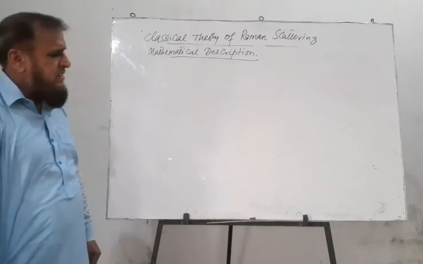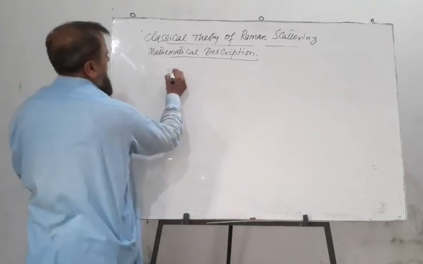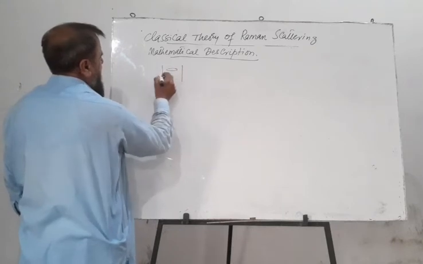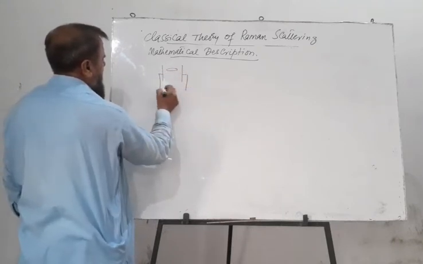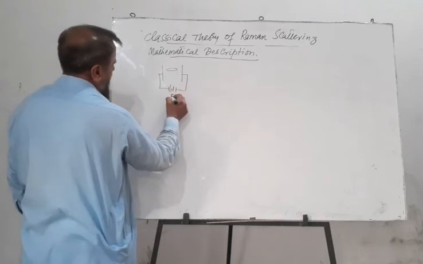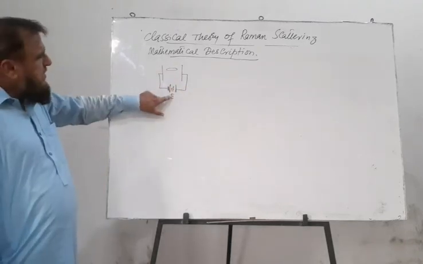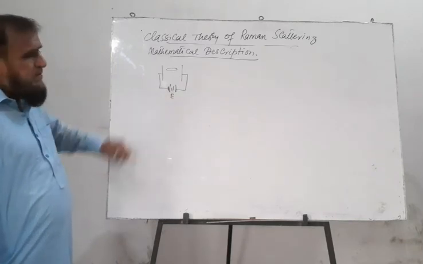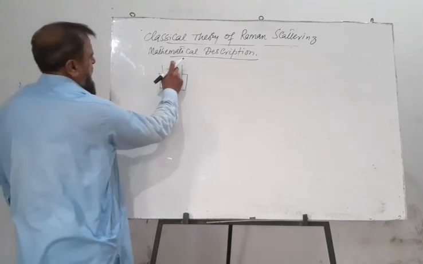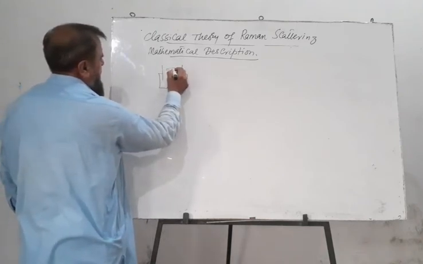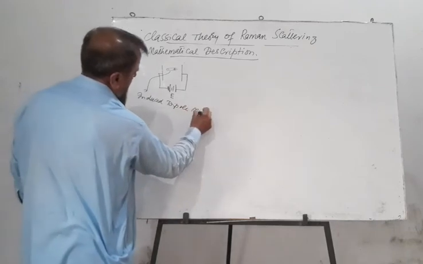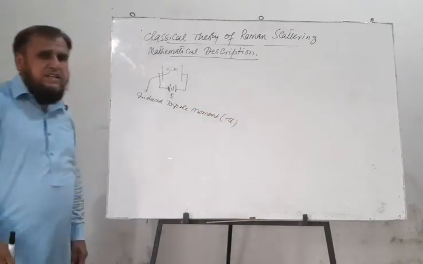We had already discussed that if we have a molecule which may be polar or non-polar, and it is placed in an electric field of strength E, then in this applied electric field, polarity will be created in the molecule, and there will be an induced dipole moment mu created in the molecule.